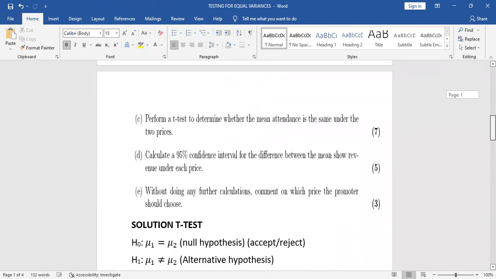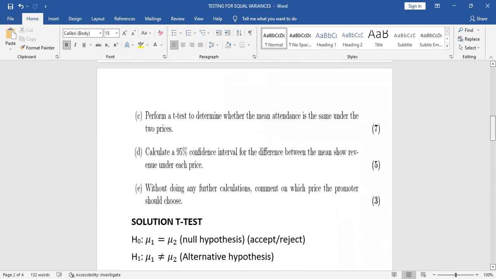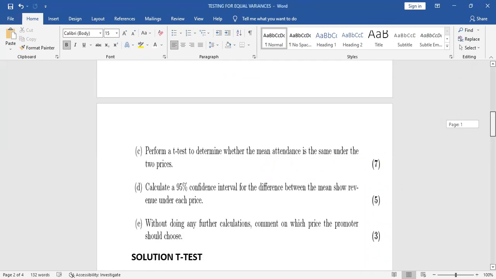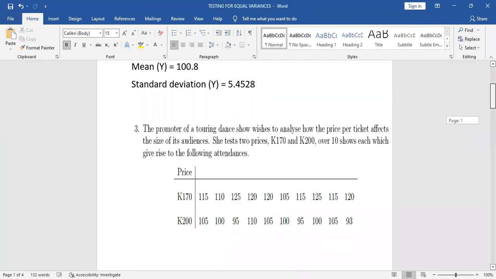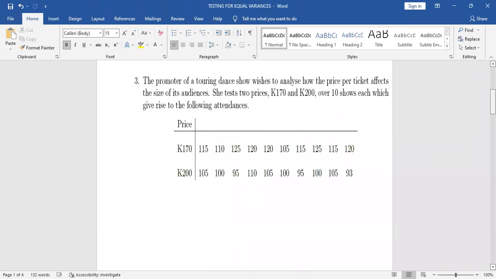Now, the interesting question that I want us to focus on is to perform a t-test to determine whether the mean attendance is the same under the two prices. This test is made under the assumption that the two variances are equal.